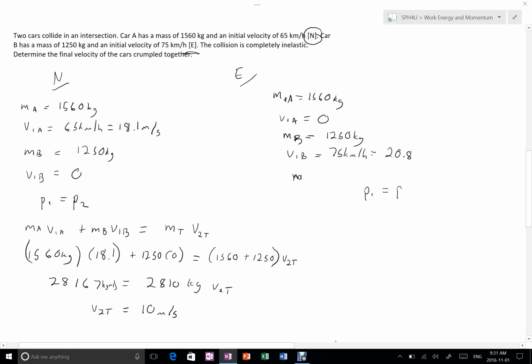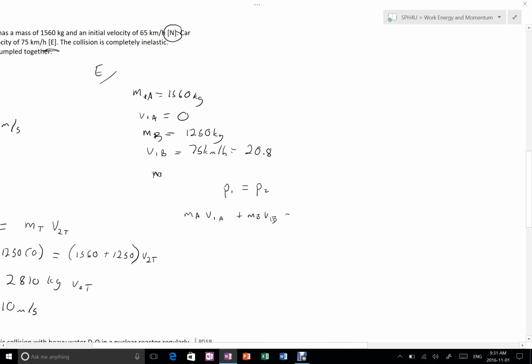Momentum initial equals momentum final. Mass of A times V1A plus mass of B times V1B, that's my total initial momentum, is equal to mass total, because they crumple together, times velocity total, which works out to be 0 plus 1,250 kilograms times 20.8 meters per second.